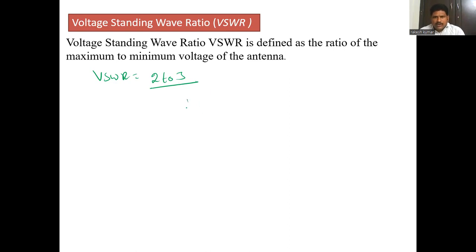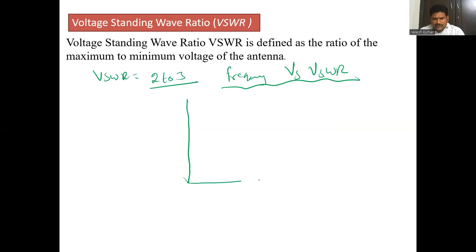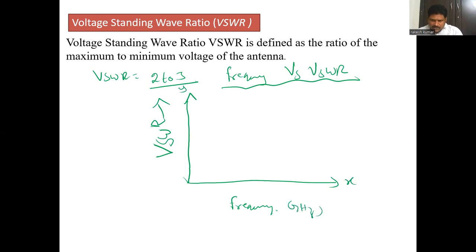For example, let us consider a graph of frequency versus VSWR, with VSWR on the y-axis and frequency in gigahertz on the x-axis.